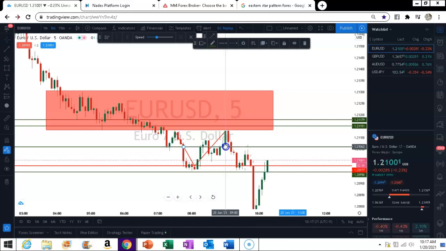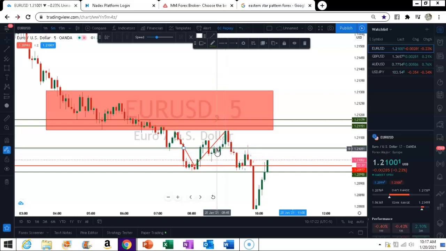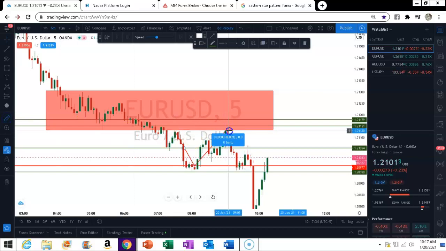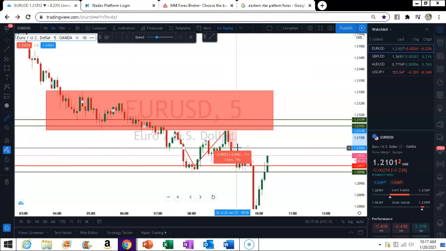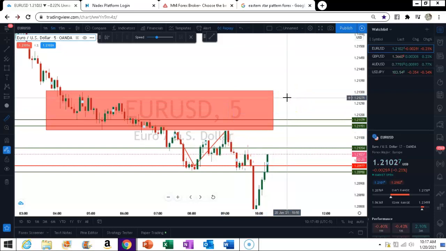So this is where I would take my profit. What this red candle is right here. So I'm going from here to down here for another 7 pips. So 23 plus 7, that's so far 30 pips. Just doing some scalping. Okay.